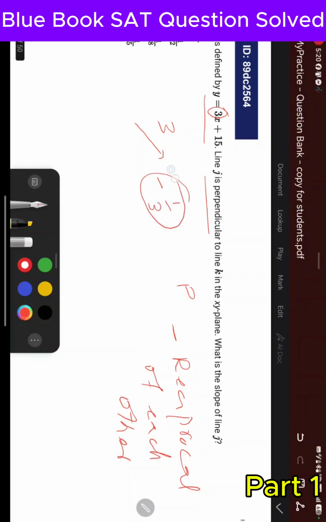So A is the answer. Here 3 is the slope of the line, negative means the sign changes, and reciprocal means it will flip, so 3 over 1 becomes 1 over 3.